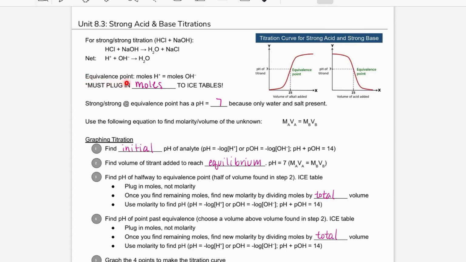So at the equivalence point, the moles of H+ and moles of OH- are equal, and when they combine, they just cancel each other out and become water.